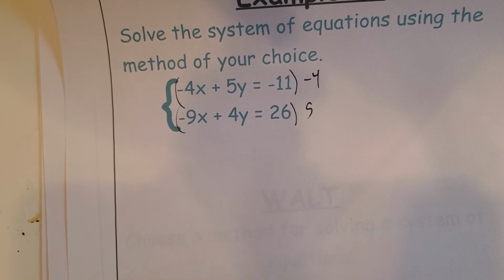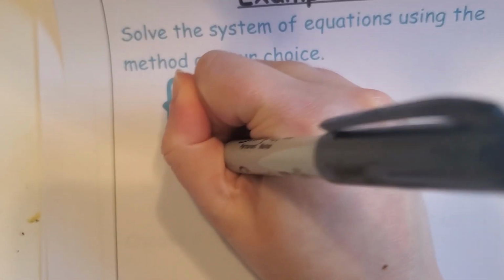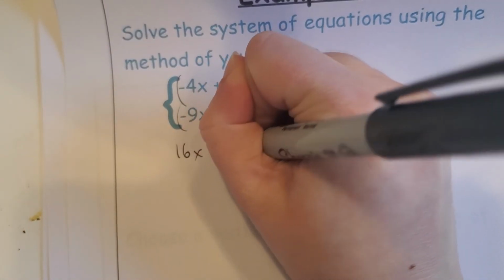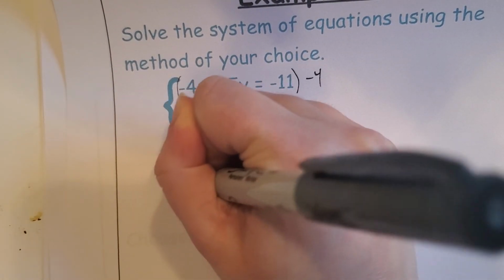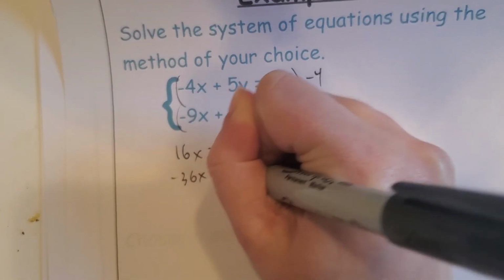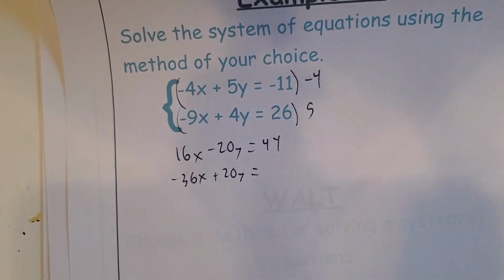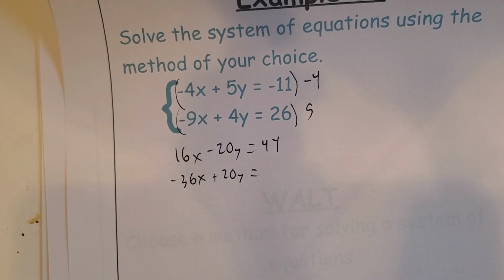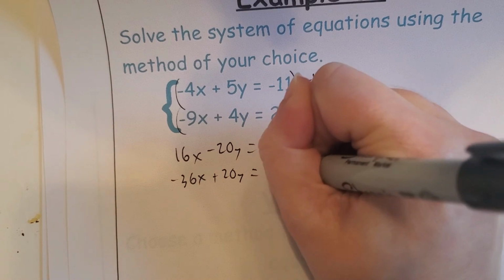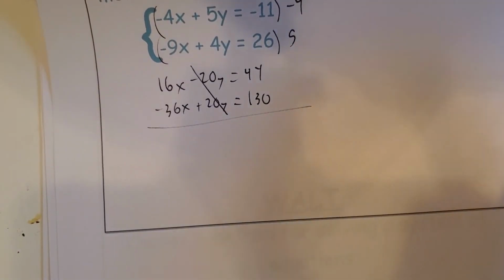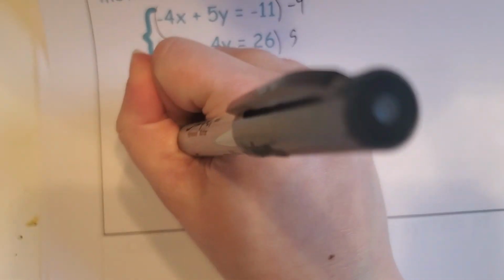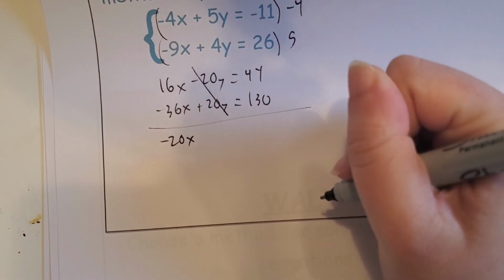So when we do all that, 16x minus 20y is 44. Negative 36x plus 20y is 130. The y's cancel out. This is negative 20x.